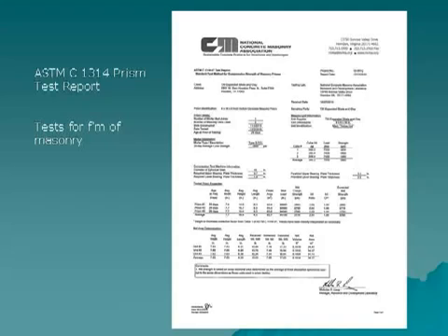The lab used the same block to construct prisms, and the test showed an F'(m) of 2,780 psi, just 10 psi less than the unit strength. We used Type S mortar in the construction of prisms.